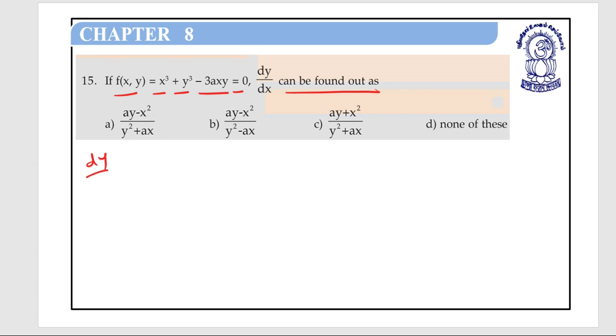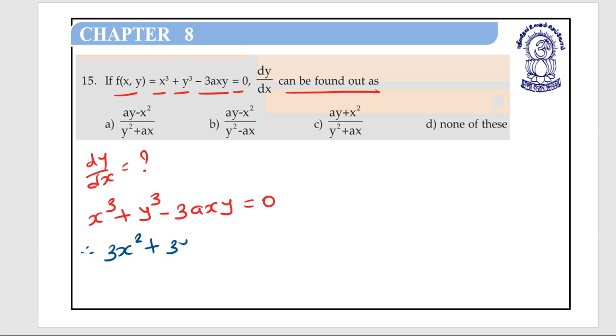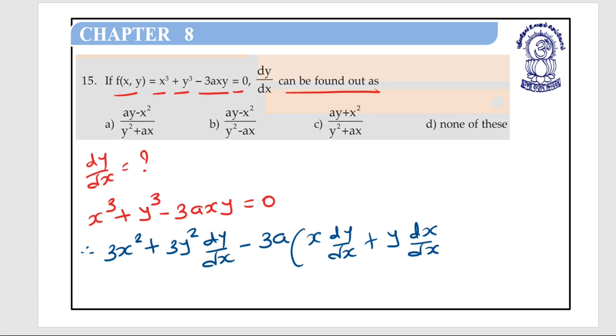So dy by dx you have to find out. Take the differentiation: x cube gives 3x square, y cube gives 3y square dy by dx, minus 3a times x dy by dx plus y.